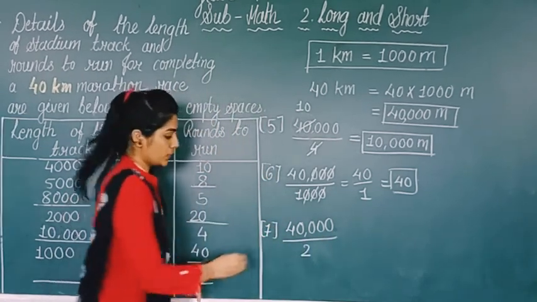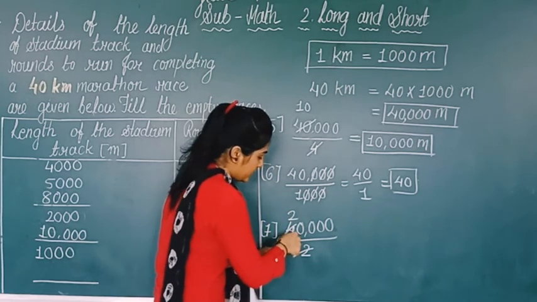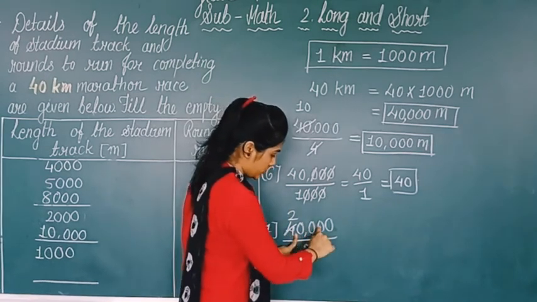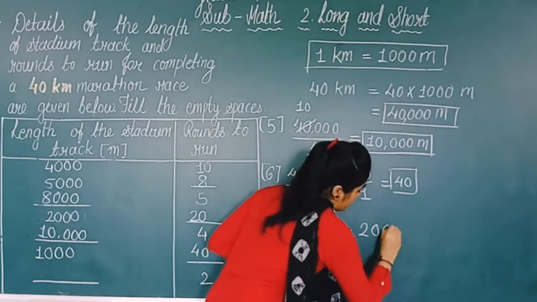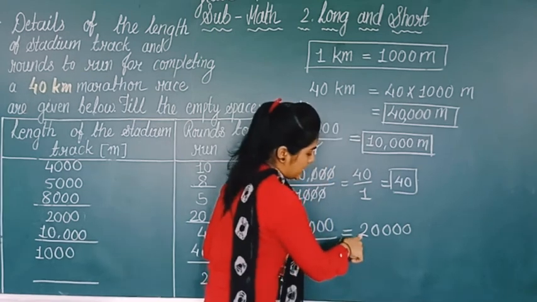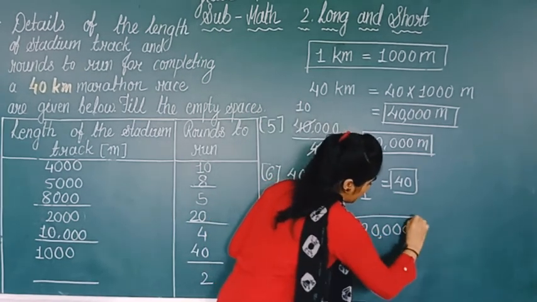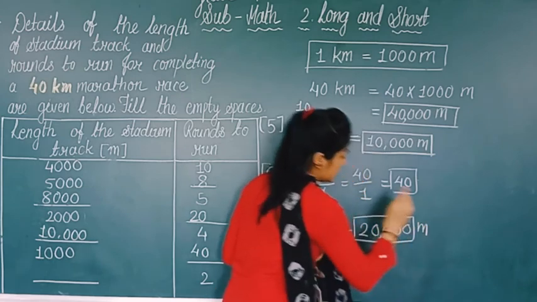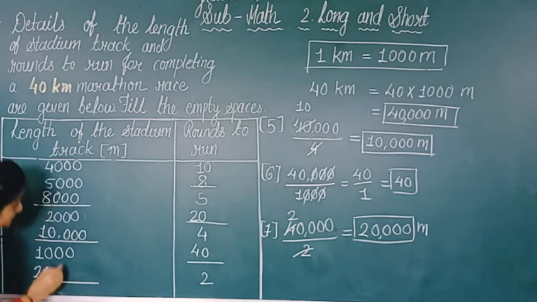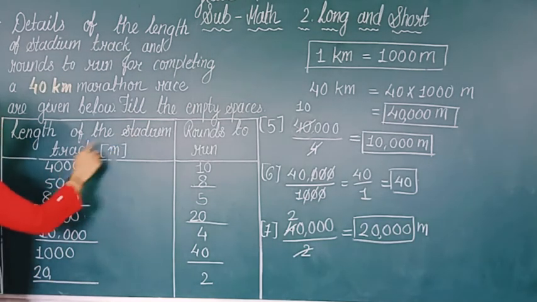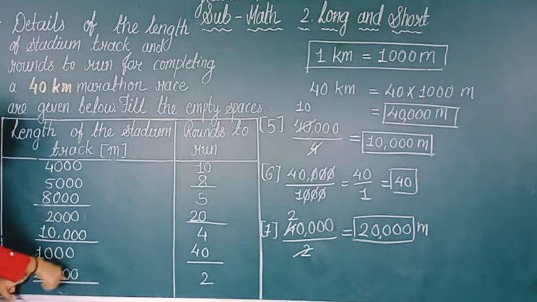Again table of 2. 2 2s are 4. And backside, how many zeros? 1, 2, 3 and 4. That means backside of 2, we are having 4 0. That means we can say that 20,000 meter. क्या फाइंड किया हमने? लेंथ ऑफ द स्टेडियम ट्रैक और उसका मेजरमेंट आया 20,000 मीटर.